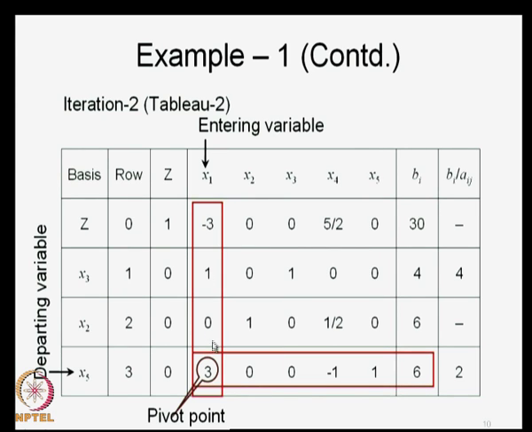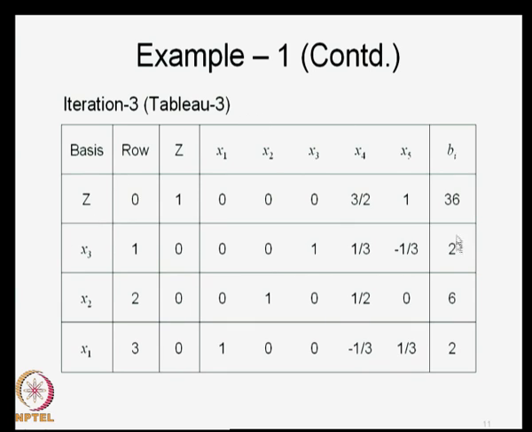We made this the departing variable, reconstructed the next tableau, that is for iteration 3, and then we look at all these coefficients here. Because there is no variable which has a negative coefficient in the z row, or the 0th row, we said that this is the optimal solution.